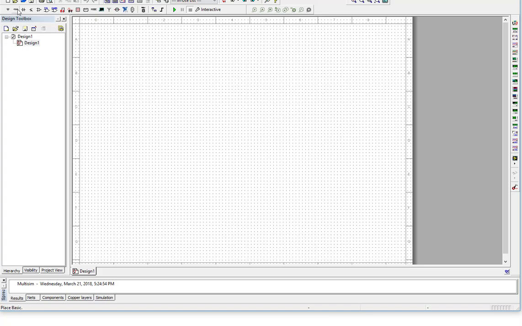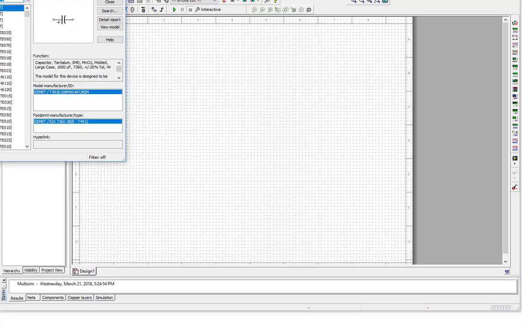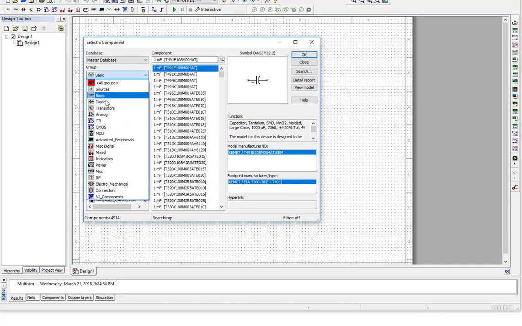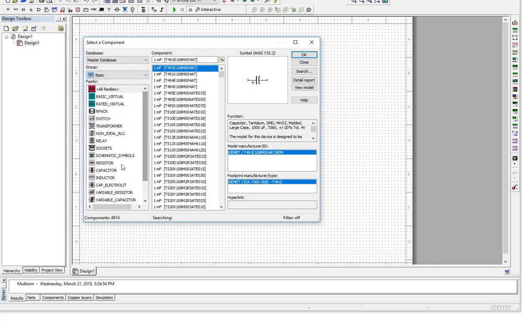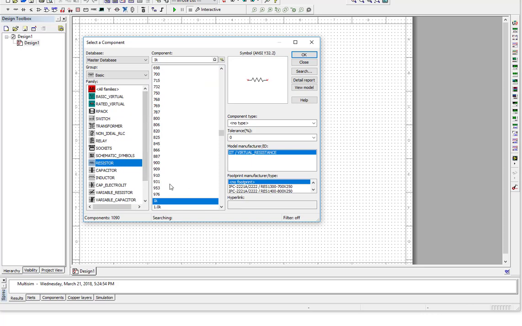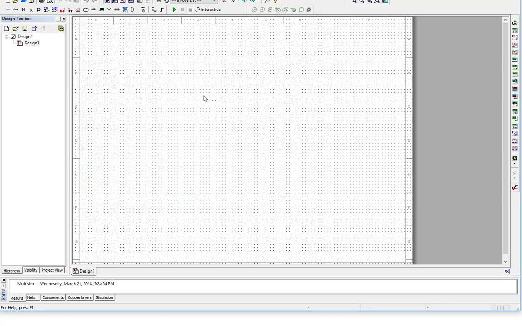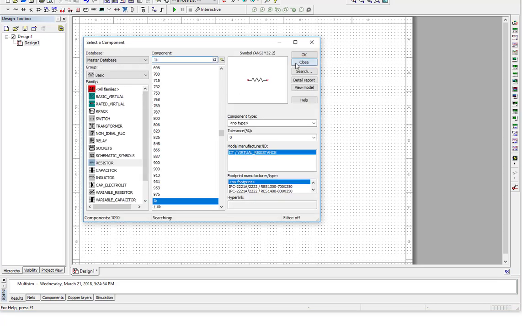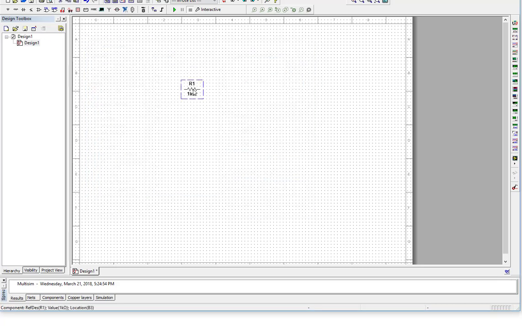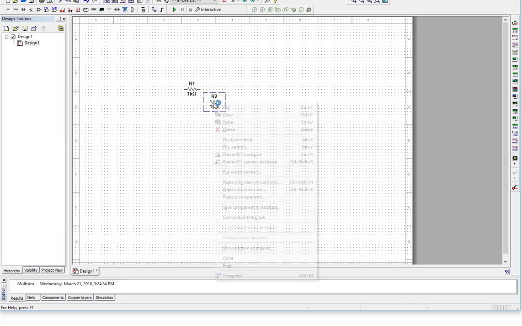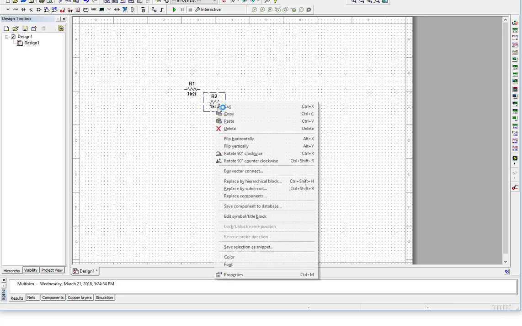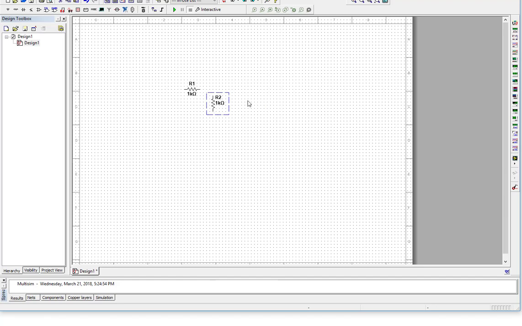So here is our Multisim, and we need to bring up resistances. So here is resistance, and we can take any value, we can change it in the program itself. Now copy this, flip it, we need to rotate, again copy, and rotate. And this is the connection.